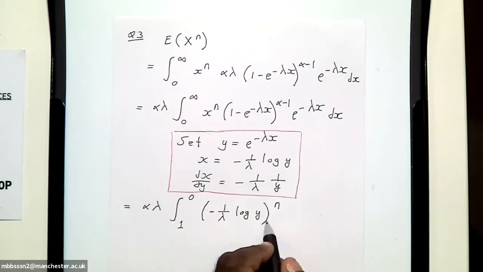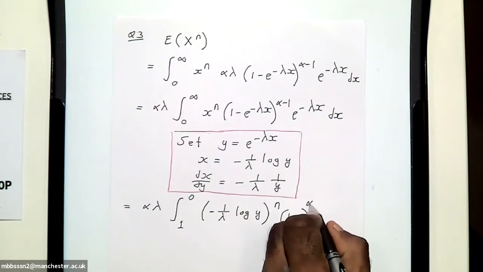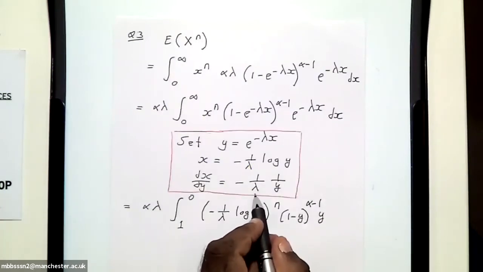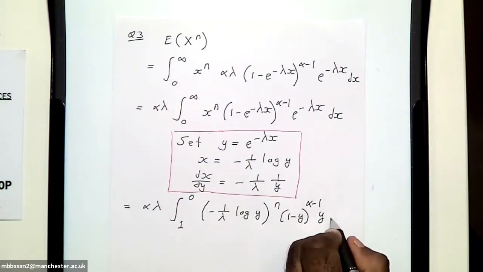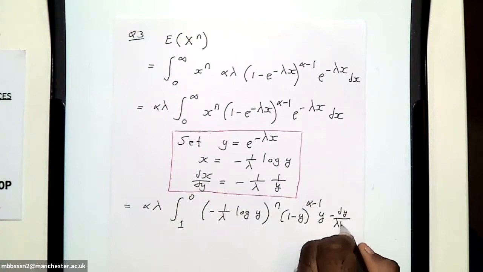Then this becomes, and dx will become minus dy divided by lambda y.